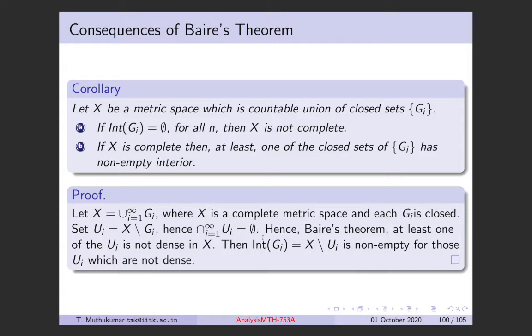And for that U_i, if you look at the interior of the complement of that U_i, which is G_i, that is non-empty because they are not dense. Okay, so that's the proof of this. This is also easy to see: if the interior is empty, then X cannot be complete, again by the Baire category theorem.